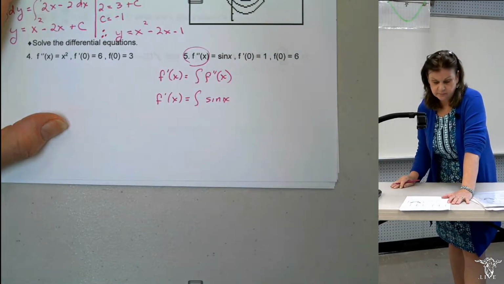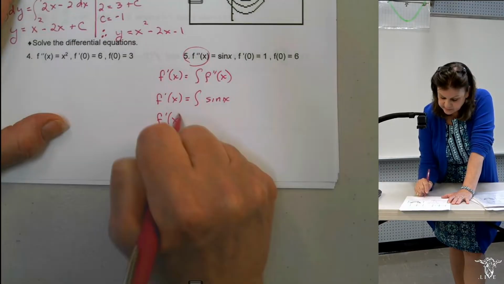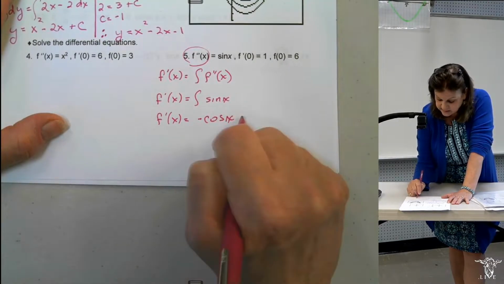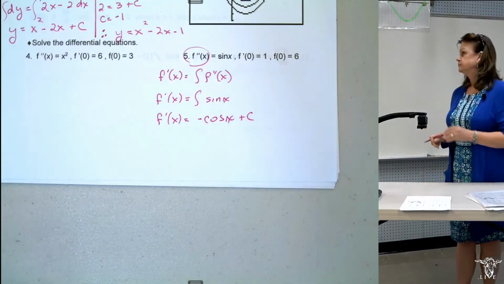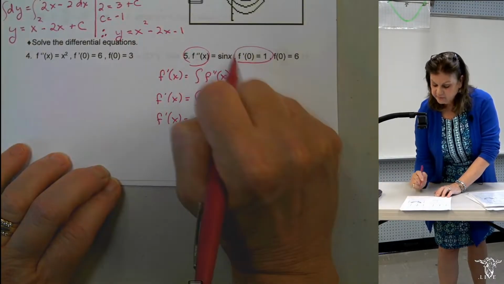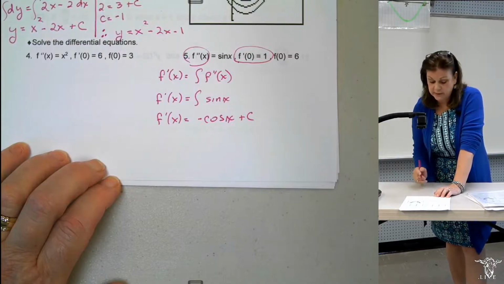All right, so let's find our antiderivative. Sine is positive, so negative cosine x plus c. And you'll notice they've given you an initial condition for the derivative. So f prime of 0 is 1.